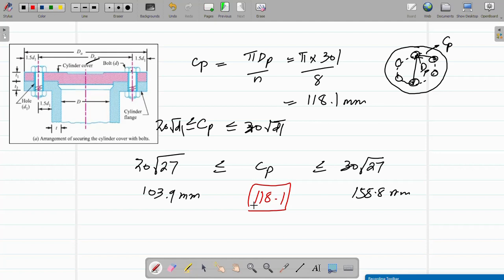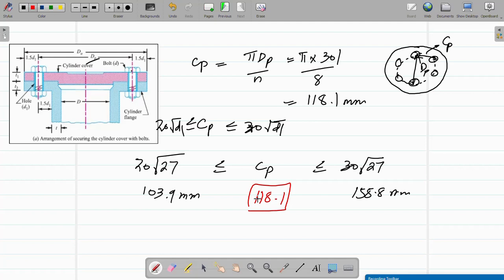Ideally you would calculate this again, but it's difficult to calculate. So the idea is to give suggestions: if I increase d1, I could get a value depending upon the values you can see here. If I increase dp, I can get a value close to this. If I increase the number of bolts, I can. So these are suggestions, you do not have to calculate them.